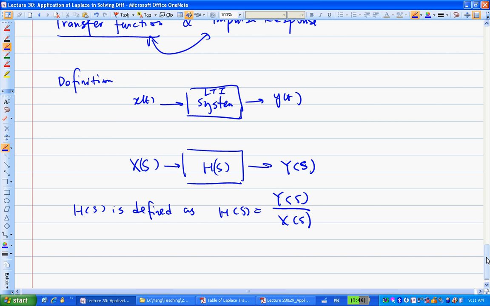This definition of H of s is what we call the transfer function.